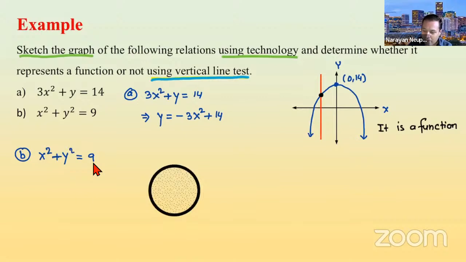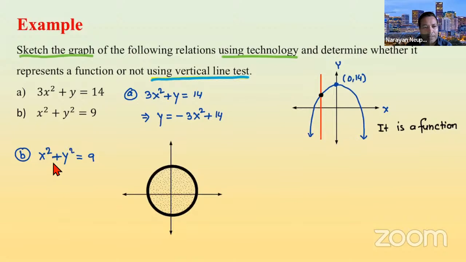Also, I'm going to draw the axis there. Hold on, that is not a good axis. Okay, this one should be a little better. Vertical axis, y-axis, horizontal axis, x-axis. So we drew a circle. That is the graph of x squared plus y squared equal to 9.